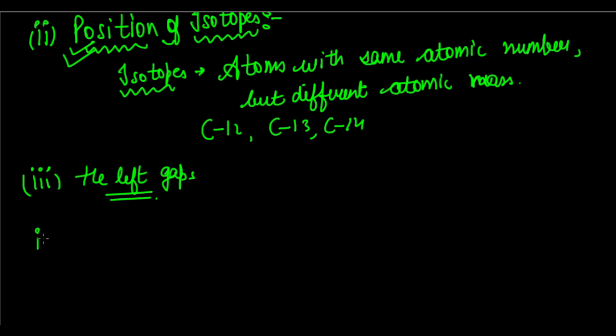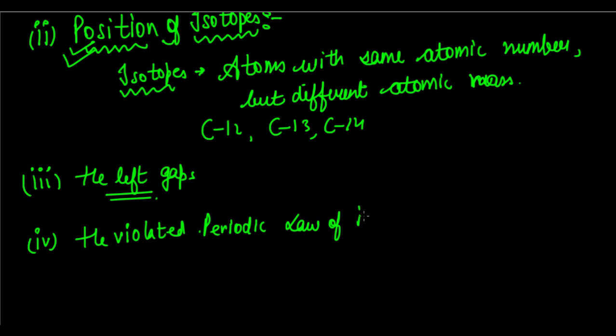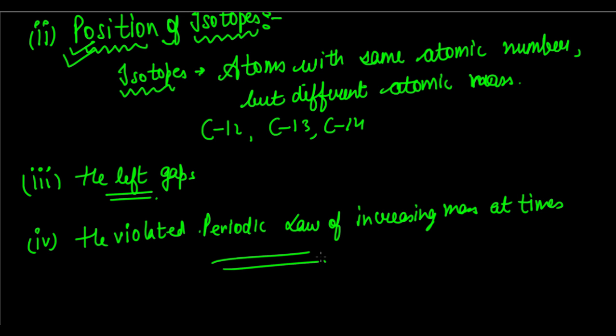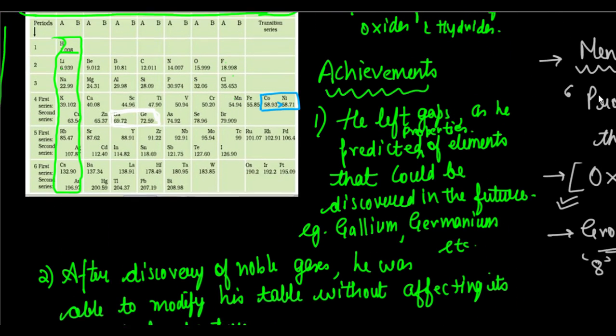Next is that he violated the periodic law of increasing mass at times. So at times he basically violated his own law that we have to arrange them in increasing order of their mass, like the example of cobalt and nickel, which is pretty clear and I've explained it to you.